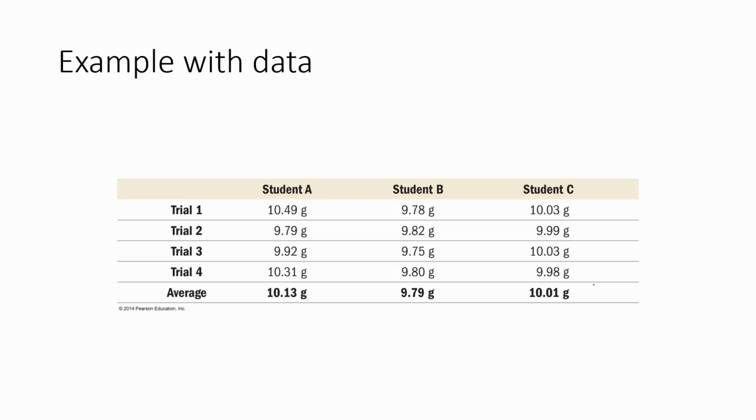What if we look at some data? Alright, well, we're going to say that we're trying to measure something that should weigh exactly 10.00 grams. It's the true value. So which of these are precise and which are accurate?